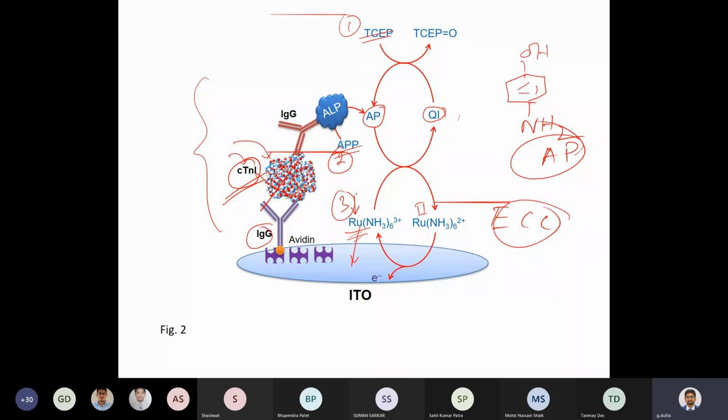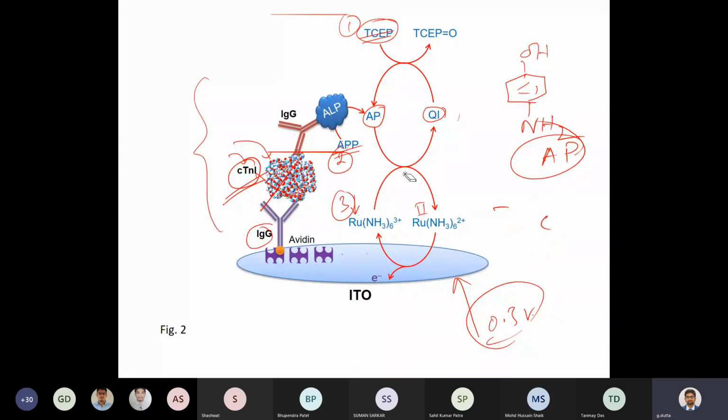These three are the starting materials, and when we apply some potential, like 0.3 volt, they can also individually react on the surface. But ruthenium 3, if it reacts individually on the surface, will not generate much electron. APP, if it reacts individually on the surface, will not transfer much electron. The T-shape also, if it reacts individually on the surface, will not generate much electron. So basically, you will get very low background.